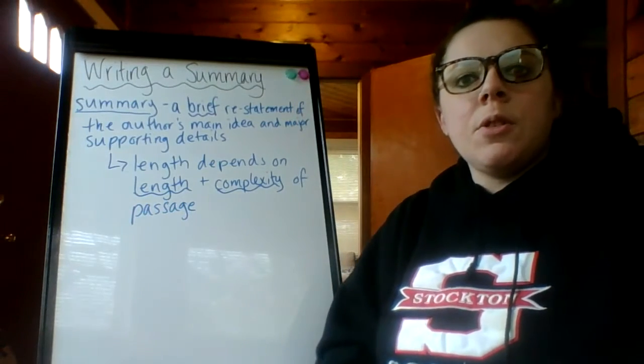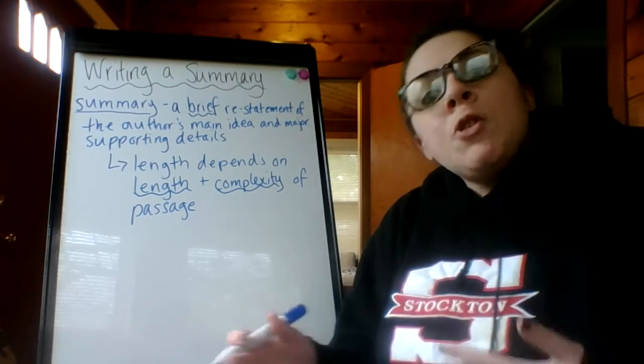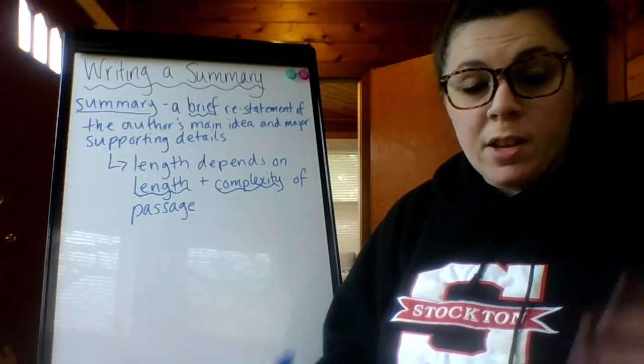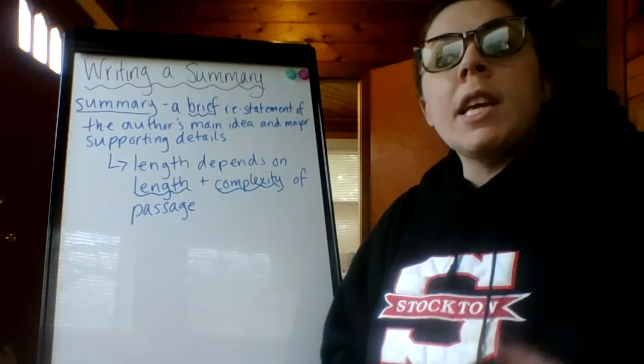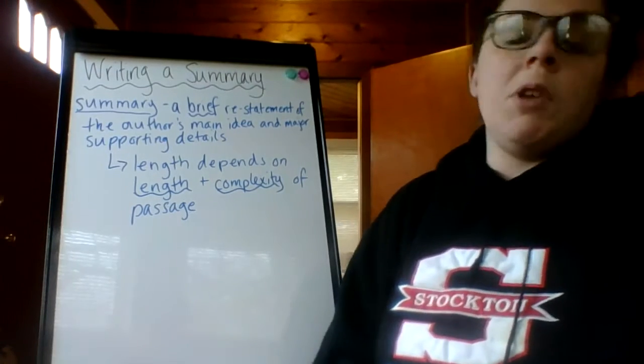Because if I asked you to summarize a magazine article about a new movie coming out, it would be shorter than if I asked you to summarize a whole novel. Because one, that's length, and then the complexity. Magazines are usually quick and easy reads, so all kinds of people can read them, whereas novels can be harder.